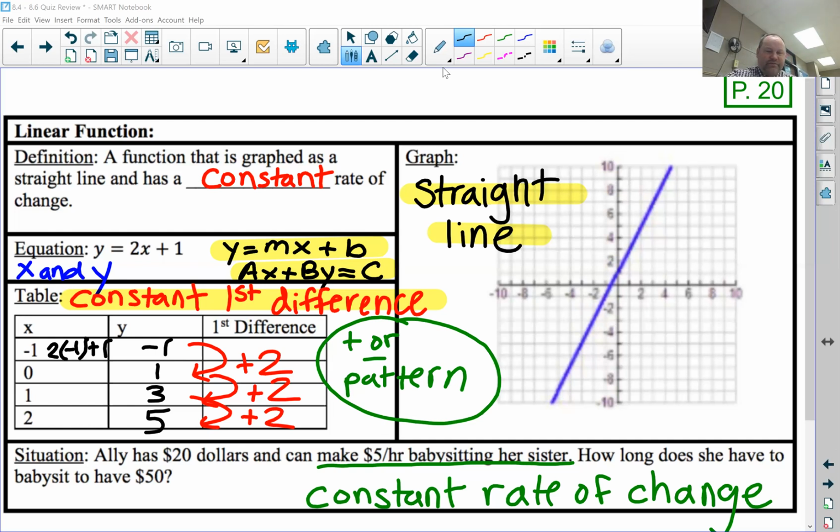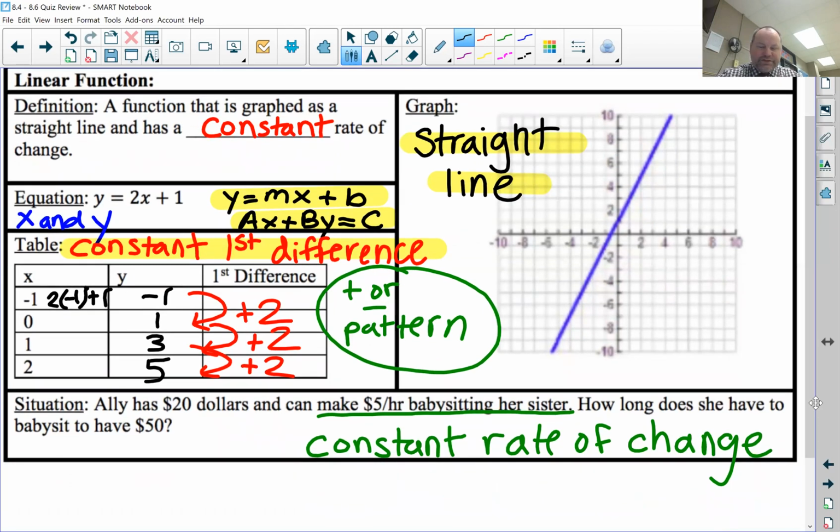If the values were going down, then it would just be a negative pattern instead of positive. The graph of a linear function is a line. And in a word problem, you're going to see things like amount of money per hour, or things of that nature.